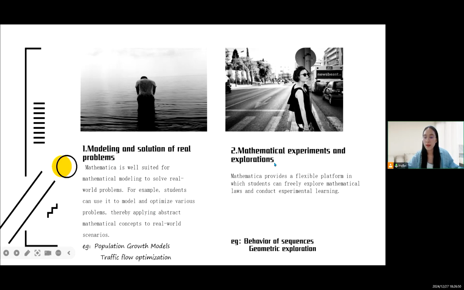And then mathematical experiments and explorations. Mathematics provides a flexible platform in which students can freely explore mathematical laws and conduct experimental learning. There are also two examples to explain these points. The first one is the behavior of sequences, and then geometric exploration.